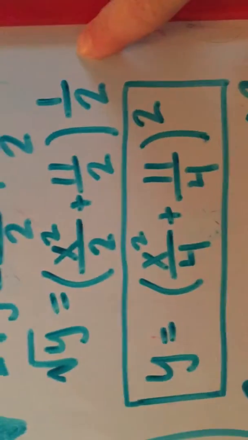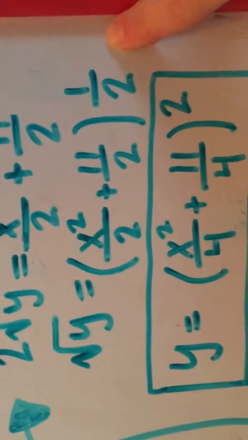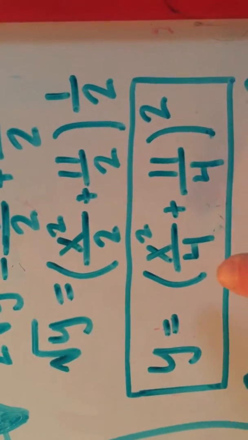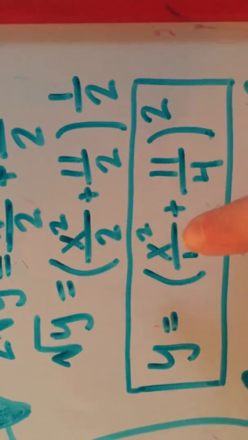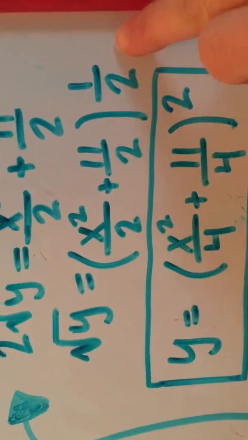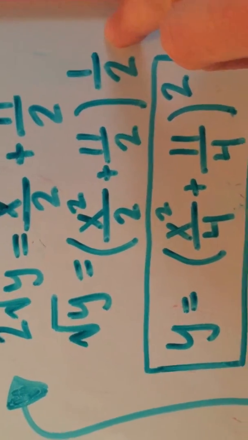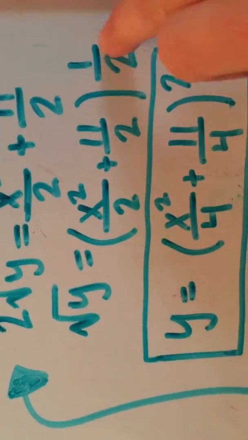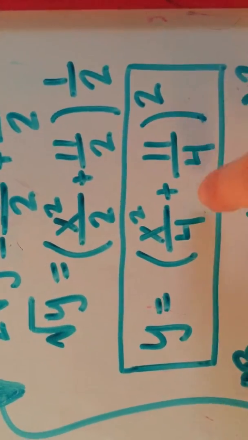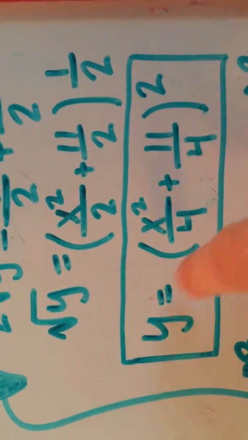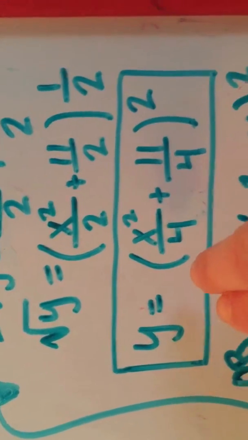You're left with y equals x squared over 4 plus 11/4, all squared, because you multiplied this through, so x squared over 2 times 1/2, and you multiply 11/2 by the 1/2 as well, so you get this common denominator of 4. Then you square it to get rid of the radical on the left side and get y by itself.